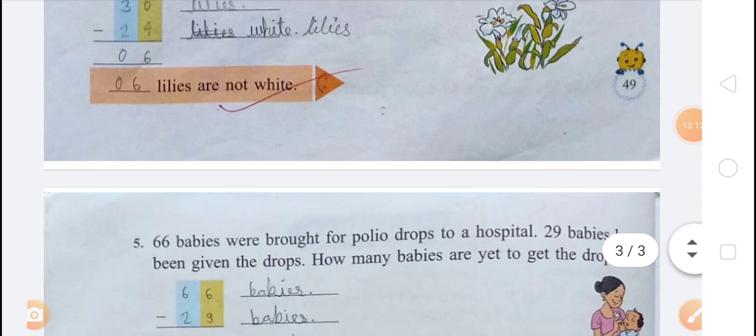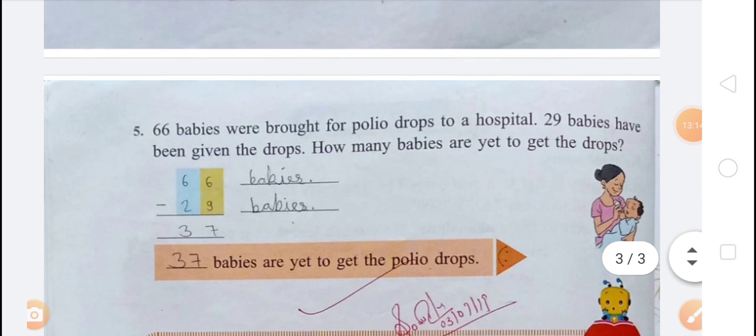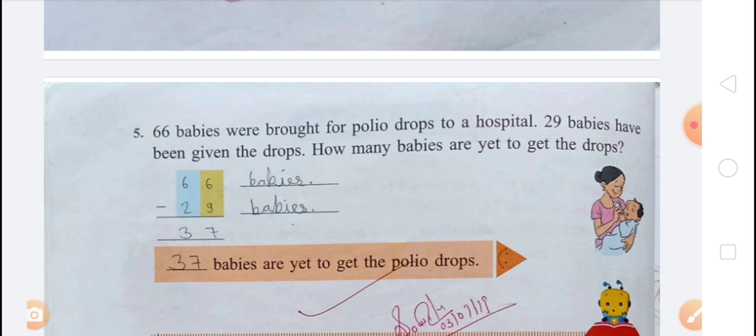Come on, next question. 66 babies were brought for polio drops to a hospital, and 29 babies have been given the drops. How many babies are yet to get the drops? Firstly, read the question carefully.